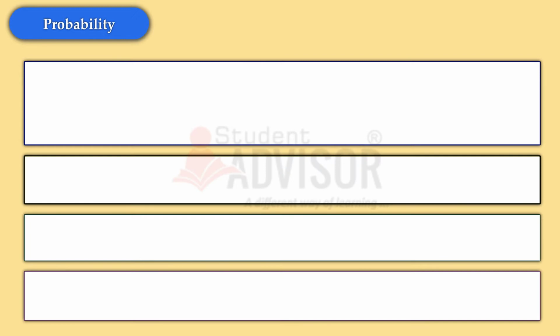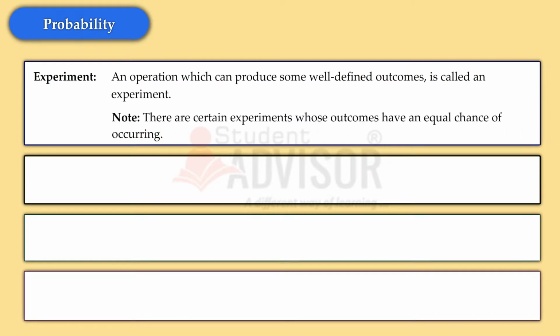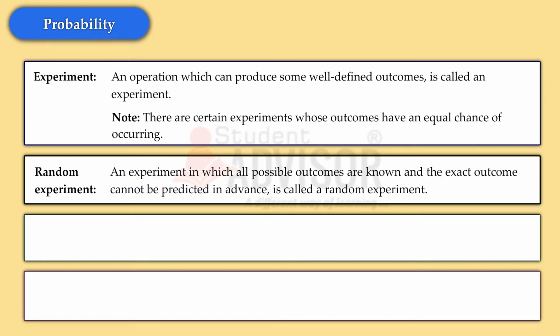Probability. Experiment. An operation which can produce some well-defined outcomes is called an experiment. Note, there are certain experiments whose outcomes have an equal chance of occurring. Random experiment. An experiment in which all possible outcomes are known and the exact outcome cannot be predicted in advance is called a random experiment.